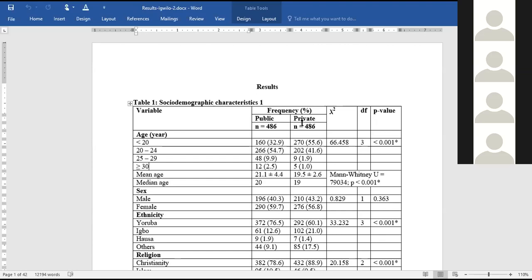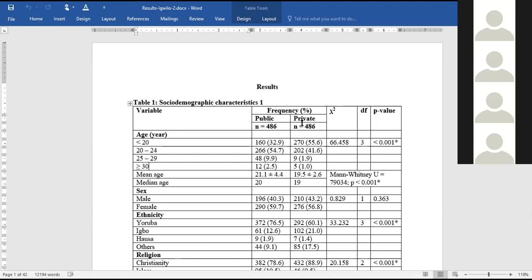Since it's a comparative study, you put them side by side, so I split the file and run them separately with the percent. The percentage is along the column, because 160 over 483 gives you 32.9. When you are cross-tabulating, in the table of correlation, the percentage will be along the exposure.